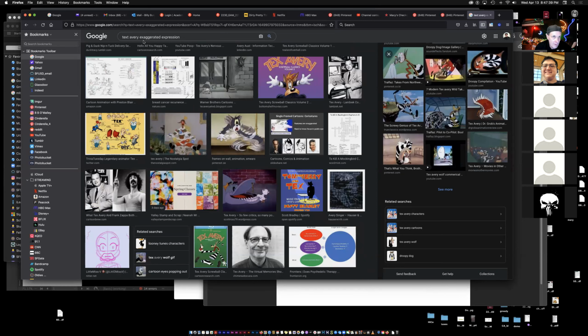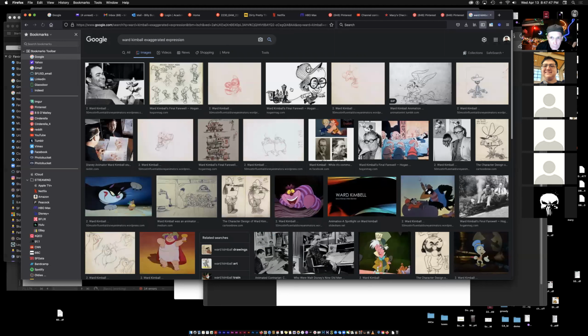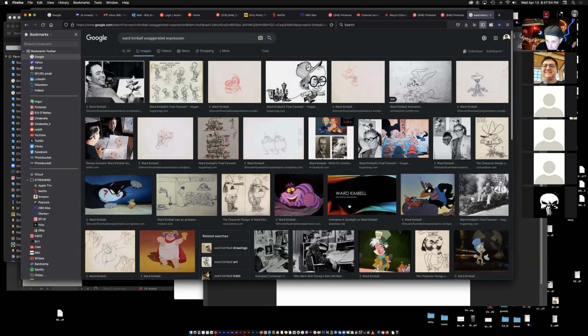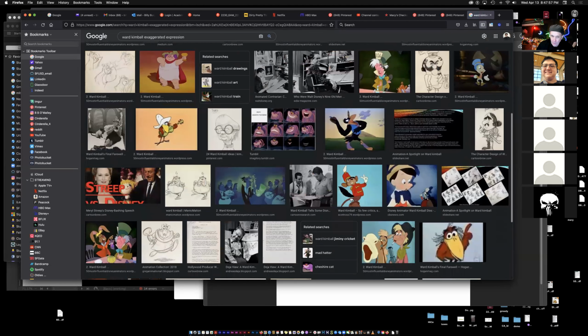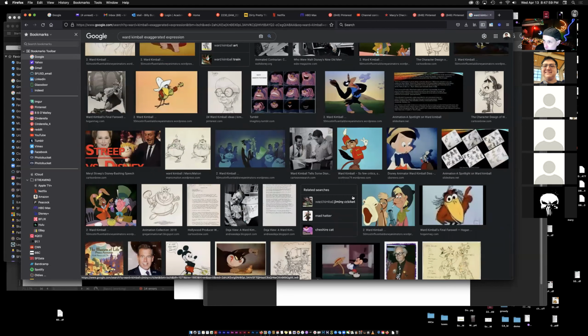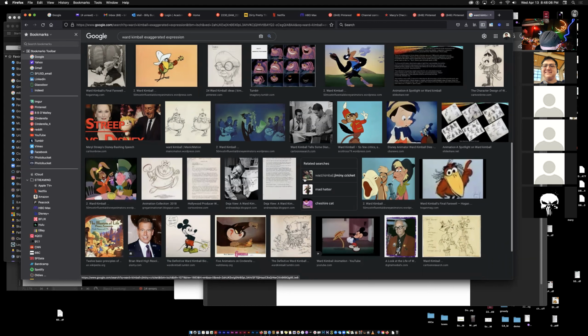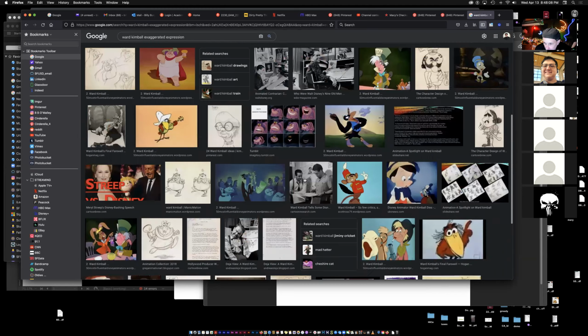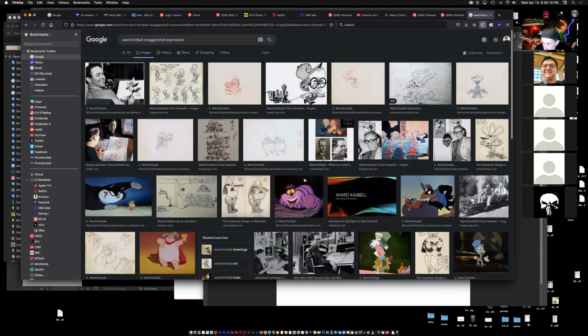You also have Ward Kimball at Disney doing the same thing. He had a lot of it in Alice in Wonderland. A lot of that stuff was just all the way through his inspiration to Iago in Aladdin. The voice for Iago was done by Gilbert Gottfried. He just died yesterday. A very animated character himself.